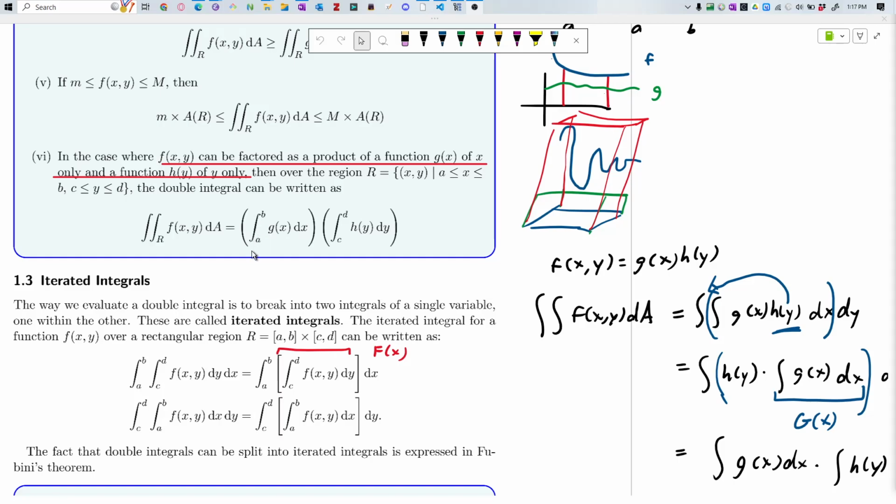So notice that the bounds are based around the original region R. The fact that R was where you let x vary from a to b and y vary from c to d shows up in this product. I guess just as a comment for the future, in the next section the regions will have a dependency between them.